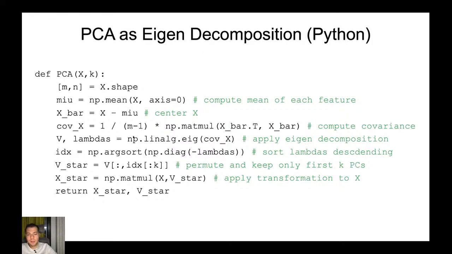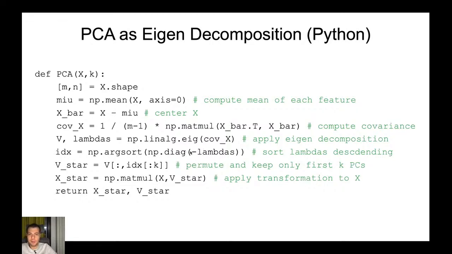So we can use the function eig from the linear algebra package of NumPy in order to compute the matrix V and the lambdas, and these are the principal components, and these are the lambdas. Now what we have to do next is to sort them according to the lambdas in descending order.